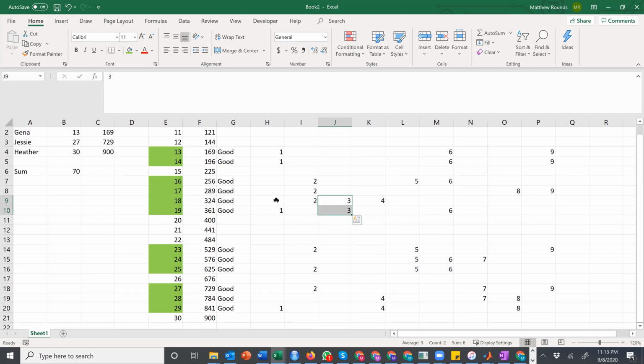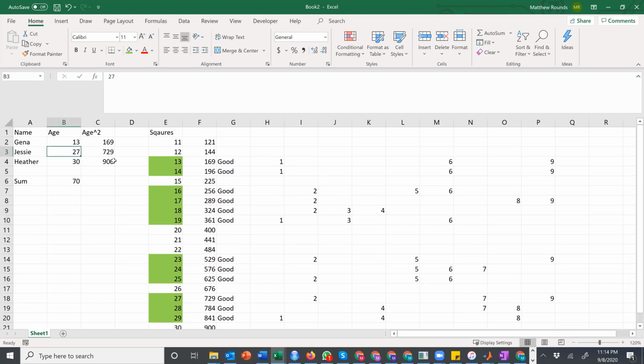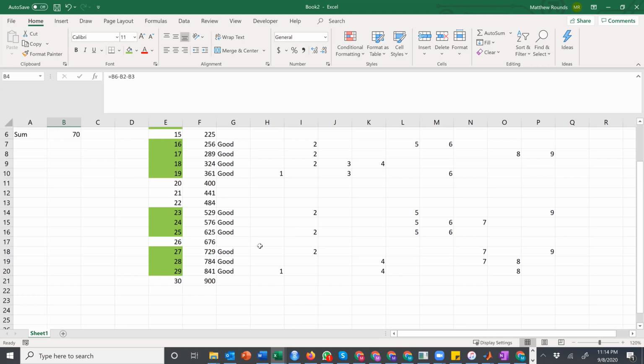So we know it's either 18 or 19, which is a good place to start. So let's go back here. So if we know that, let's just say Heather is 18, or Jesse is 18, because that's the middle age. And Heather, I'm going to make just a guess here.